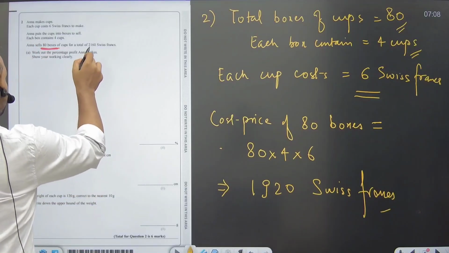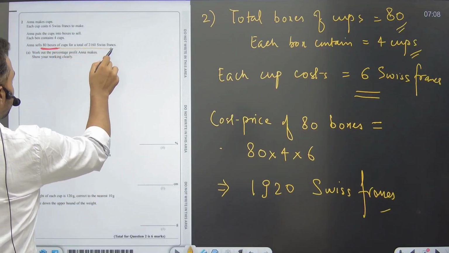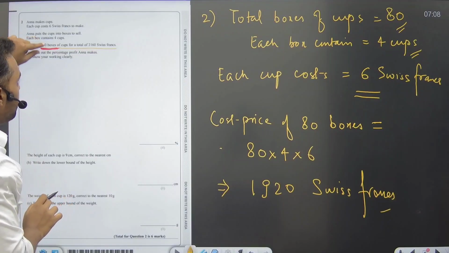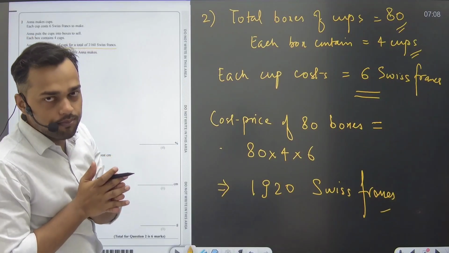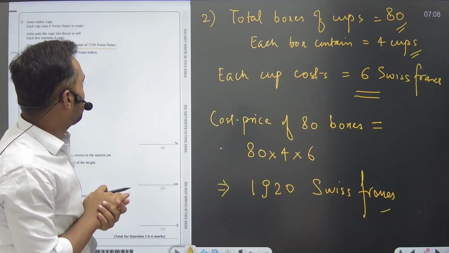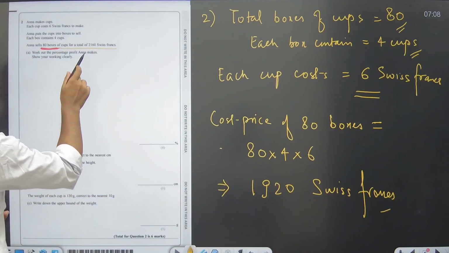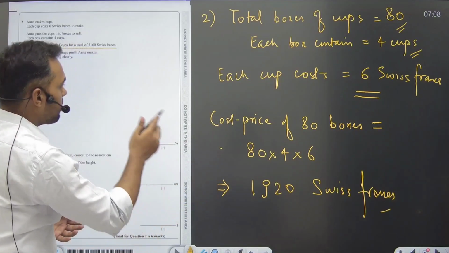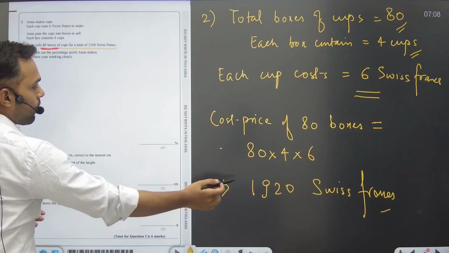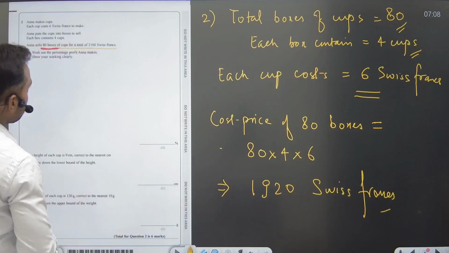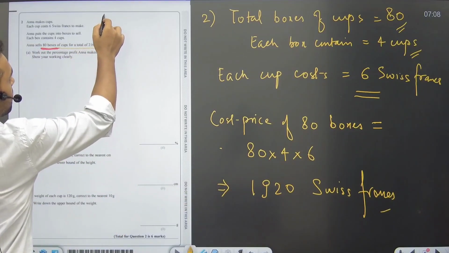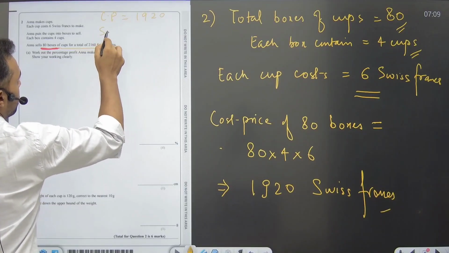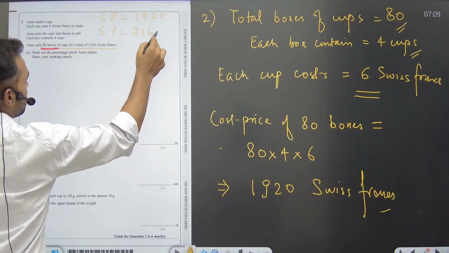Now here it is mentioned that 80 boxes of cups are sold for a total of 2160 Swiss francs, meaning Anna is selling the 80 boxes of cups for 2160. Work out the percentage profit Anna makes, show your working clearly. Okay, we can clearly observe here, student, that the cost price is 1920 and the selling price is 2160 Swiss francs.